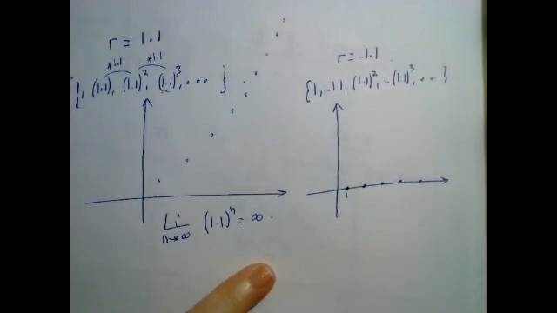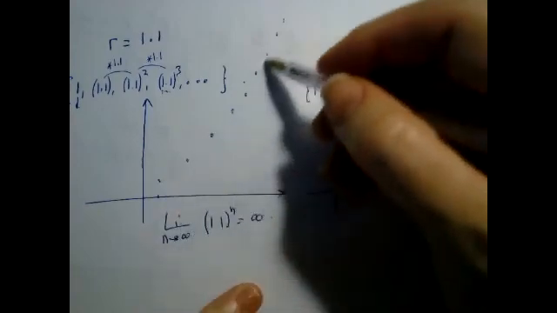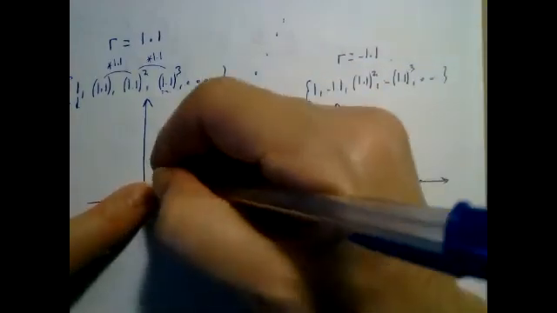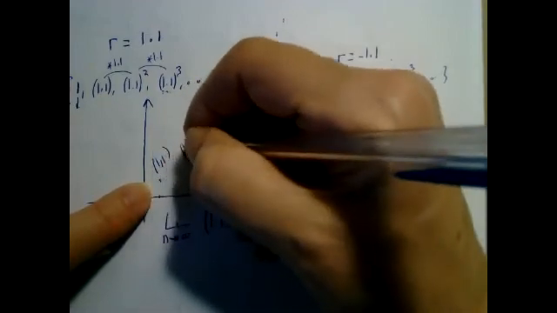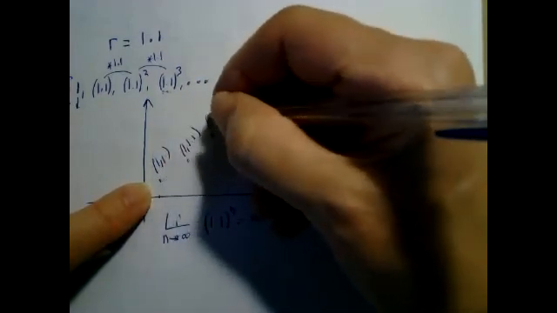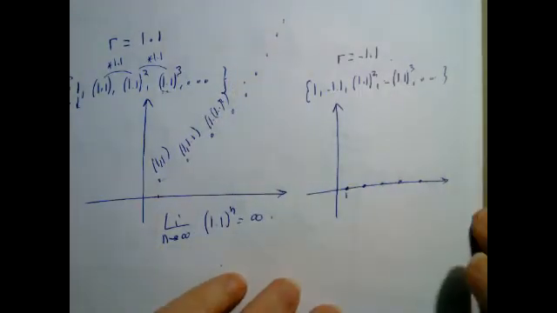Be very precise. All of you, please, how does the picture look? Do you have any idea? That's what's happening in this scenario. So this is going to be 1, 1.1, 1, 1.1 squared.